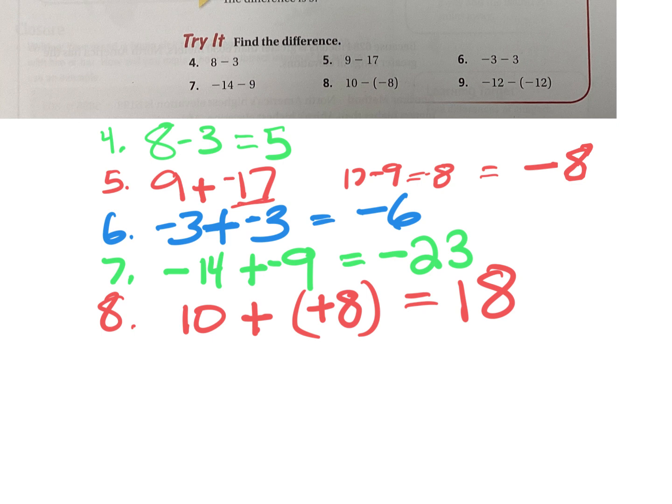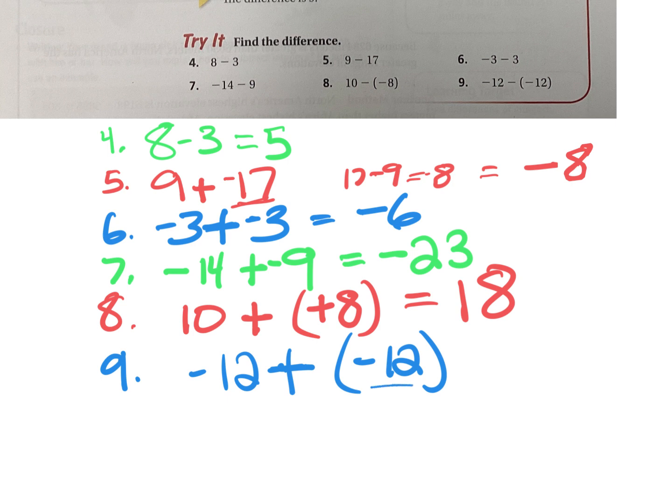And the last one, hopefully you're getting the idea of this. Negative 12 minus a negative 12. So now I'm going to add instead of subtract, and then I have to make this the opposite of what it is. It starts out as negative 12, so it's going to be a positive 12.